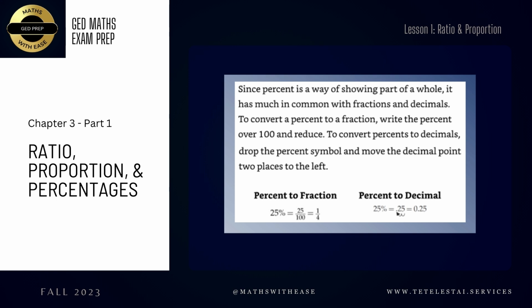And then you're going to simplify that to 1/4. 25 goes into 25 1 time, 25 goes into 100 4 times. You can think of this as 4 quarters, right? Like if you had 4 quarters, how many quarters do you need to get $1? So 25 over 100 is 1/4.